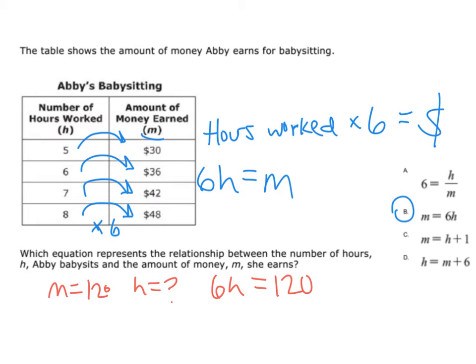And then we can solve to figure out the number of hours she would have to work by doing the opposite operation, the inverse operation. The inverse of multiplication is division, so when we divide by 6 on both sides, then 120 divided by 6 is actually equal to 20, so the number of hours she would have to work would be 20 in order to make $120.